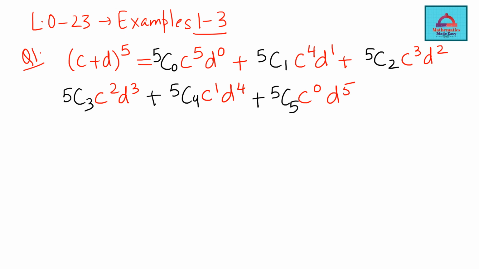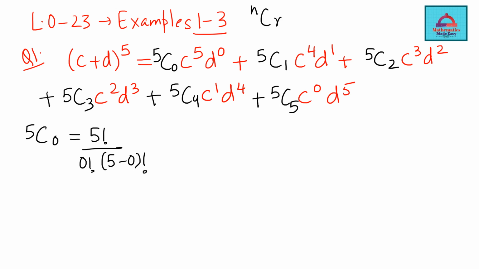Remember, you can calculate these binomial coefficients, which I've written, using the combination formula. So 5C0, if you calculate, is going to be 5 factorial over 0 factorial times 5 minus 0 factorial. Let me write here quickly, in case you have forgotten, the combination formula that I'm using for the binomial coefficients. It is nCr equal to n factorial over r factorial times n minus r factorial.